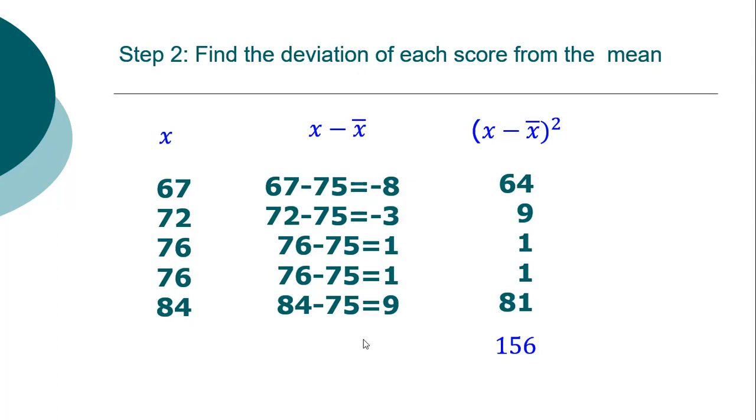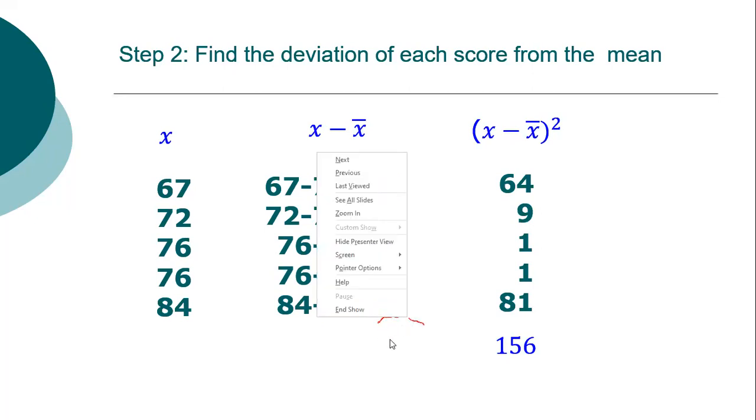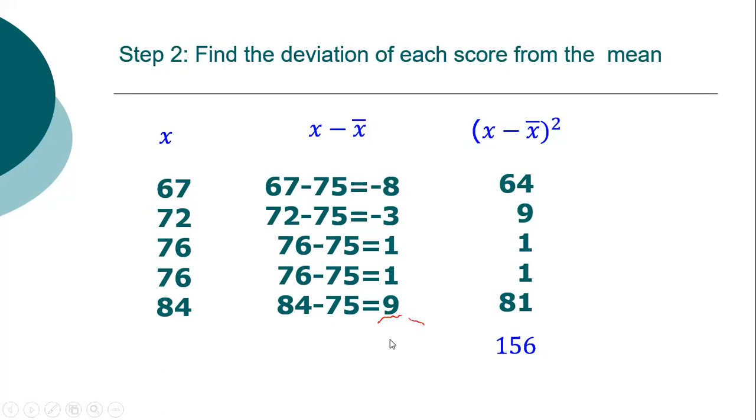Let me write that down para may makita kayo, let me just connect my tablet, drawing tablet. So if you get the summation of x minus this one, this should be equal to 0. So that is one way for you to check na you are on the right process.